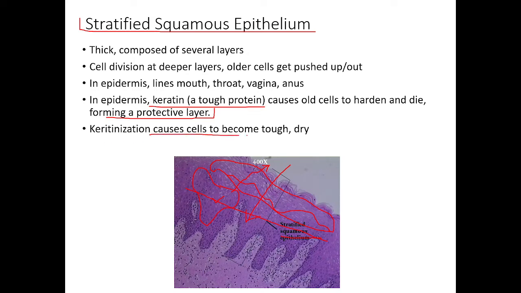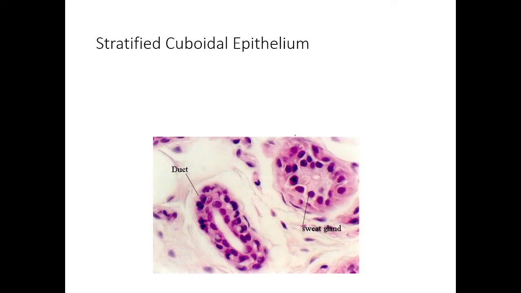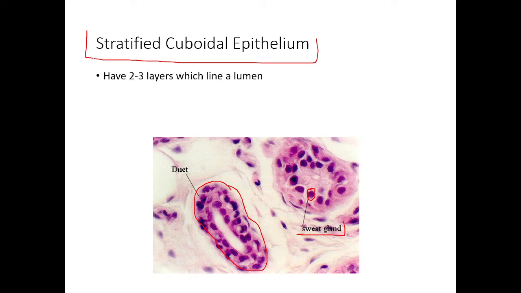Keratinization causes cells to become tough and dry. This keeps water inside the body, and chemicals or microbes outside, right? Stratified cuboidal epithelium. Now, what is stratified cuboidal epithelium? You can see that this is the transfer section of the duct, and a few ducts are actually occupied with such cuboidal epithelium cell lines, like the sweat glands, which have stratified cuboidal epithelium cells.